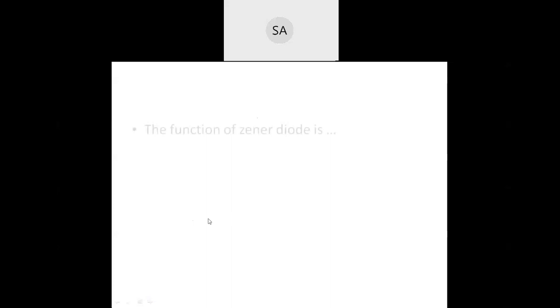The next one is, the function of a Zener diode is. What is the function of a Zener diode? We discussed this in the Zener diodes. A Zener diode conducts in the reverse polarity, with the reverse supply.